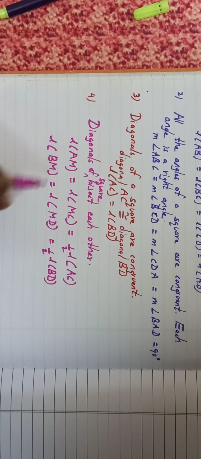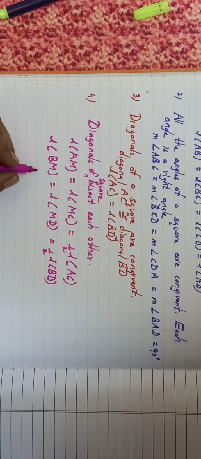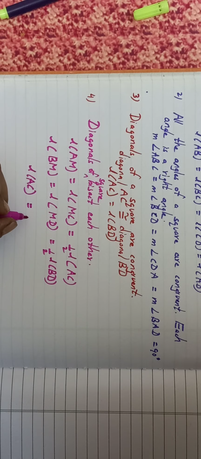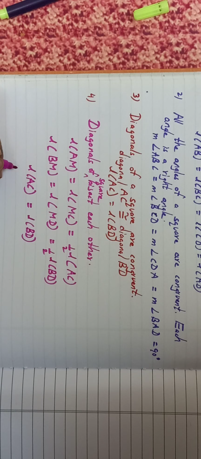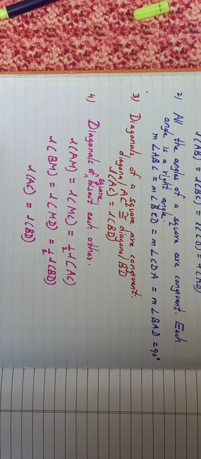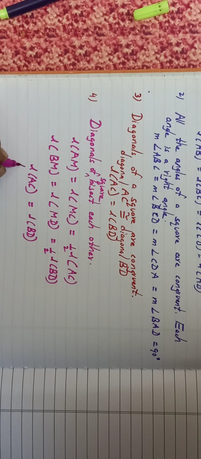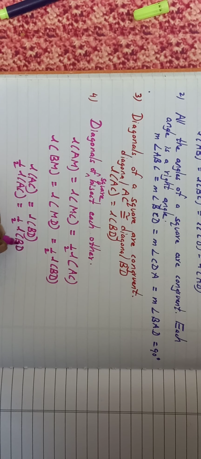So we can write like this: length of AC is equal to length of BD. So half of length of AC will also be equal to half of length of BD. But who are the halves of AC and BD?